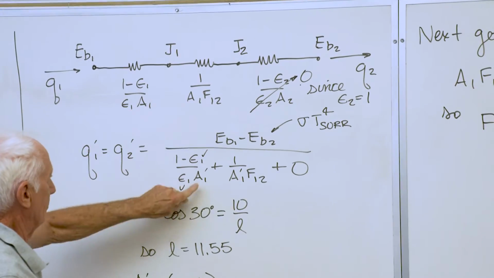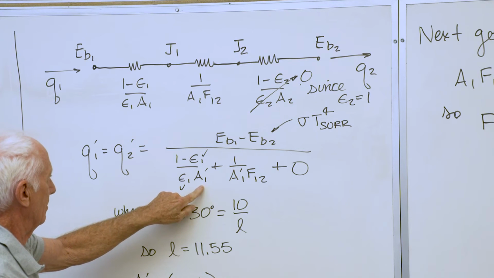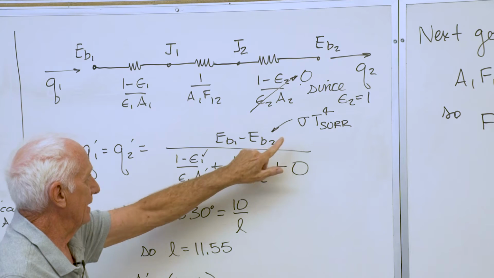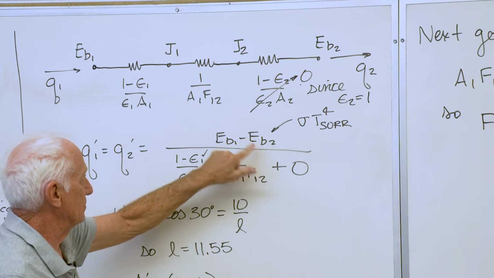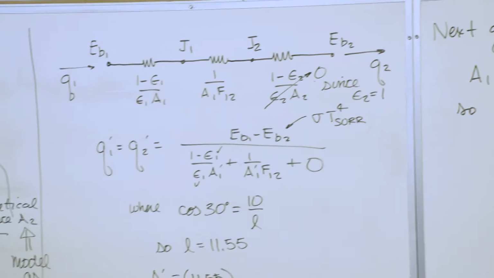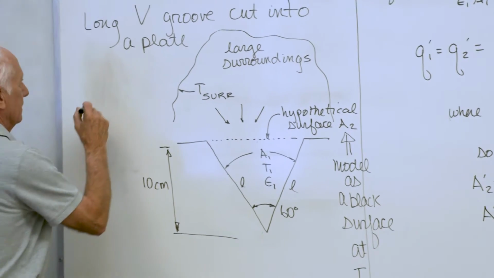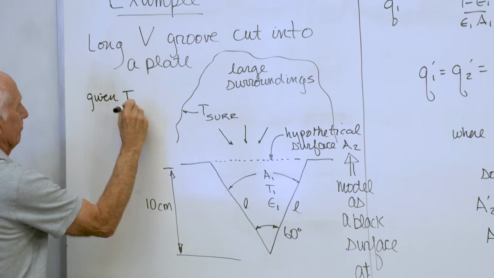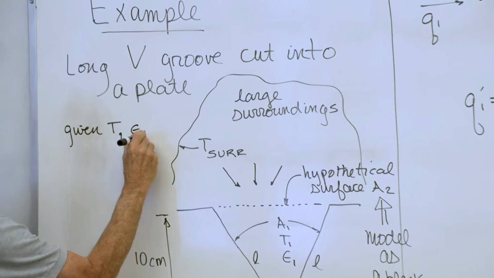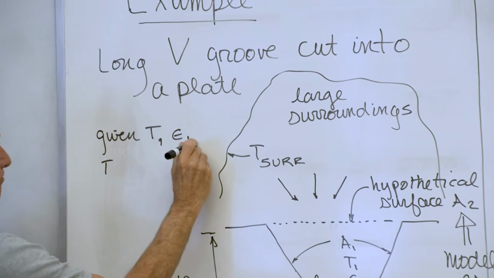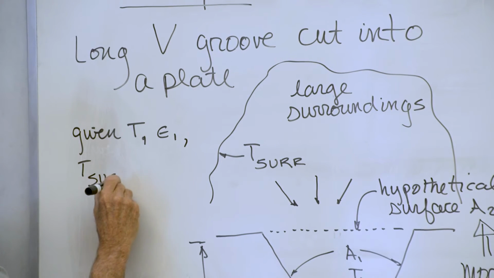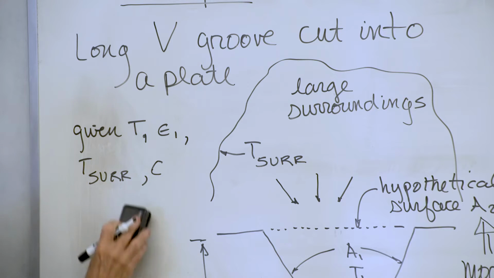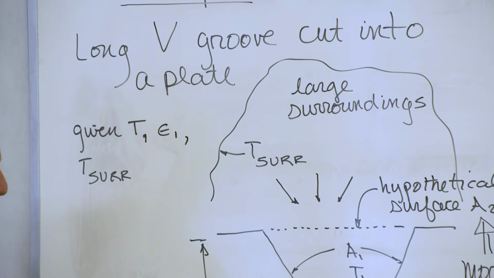Okay, so that goes in here. We know A1, that goes here. We know A1 prime now. We know epsilon 1. We know what this guy is. We're given T surroundings. We're given T1. I think that's all we need.